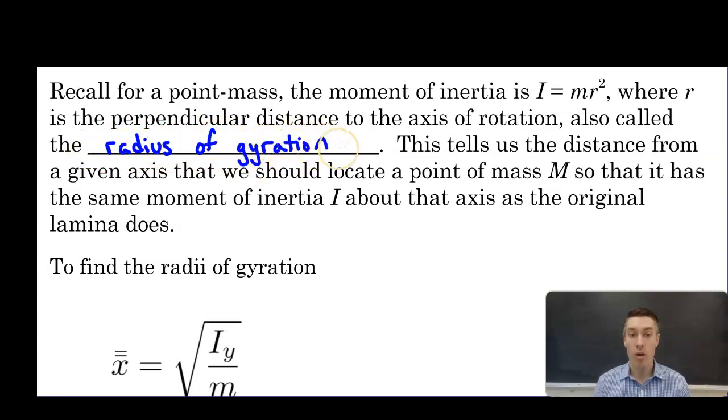So now we are focused more on the r value being the radius of gyration, and that tells us the distance from a given axis that we should locate a point mass m so that it has the same moment of inertia I about the axis as the original lamina does. So essentially, how far off the axis do we have to go to locate a point mass, if we concentrated all of the density there, that would have the same moment of inertia?